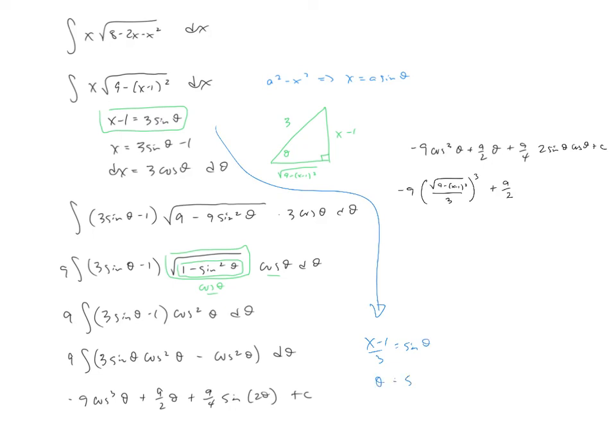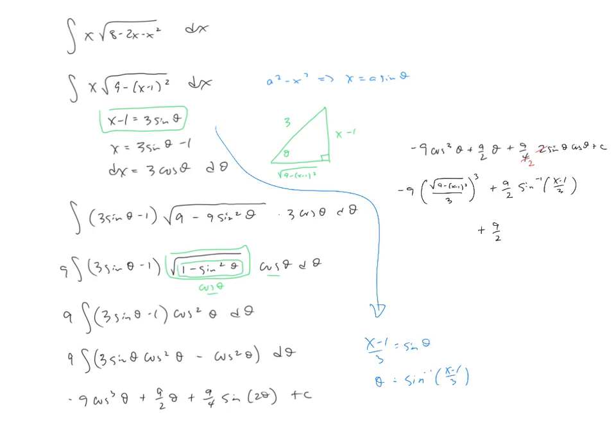So theta would equal the inverse sine of x minus 1 over 3. So inverse sine of x minus 1 over 3. And then for the last term, those would divide off, leaving us with a 2 on the bottom. So I'm going to have a 9 halves. So plus 9 halves.